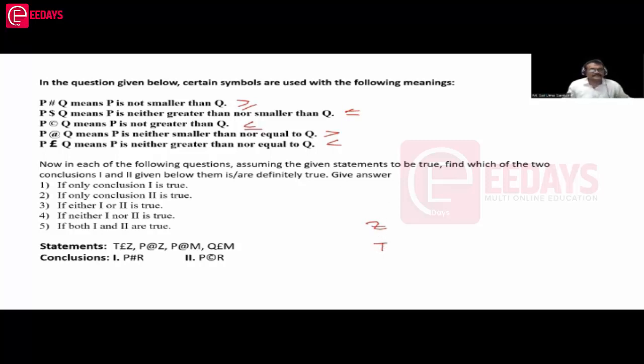Next, P at the rate Z, P is greater than Z. And next, P is greater than M. P is greater than M. That means what is the position of M? Anywhere in between this.